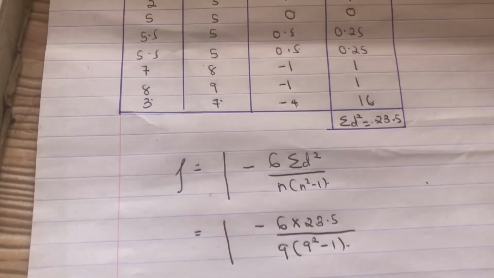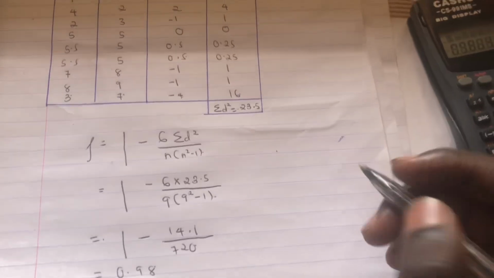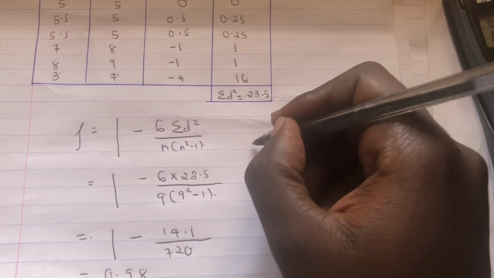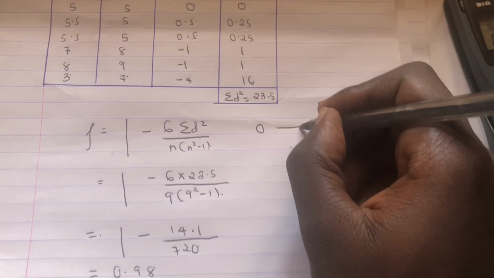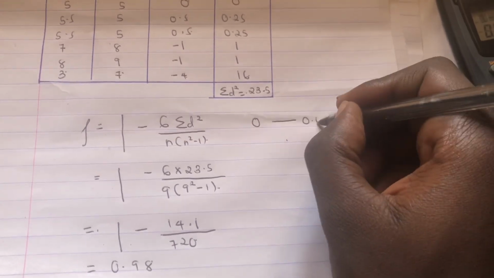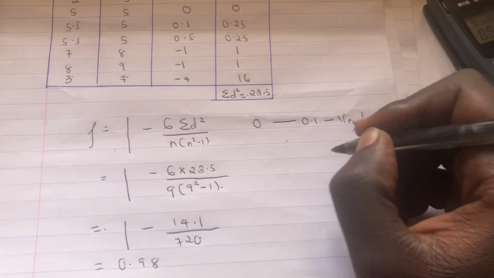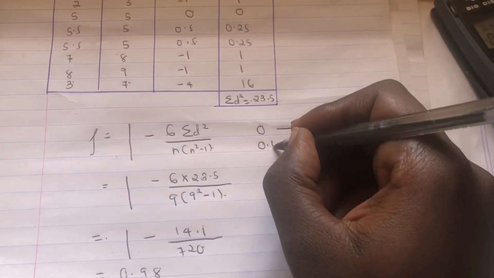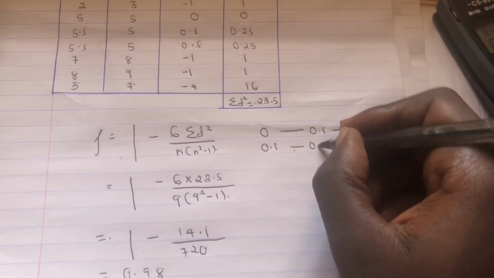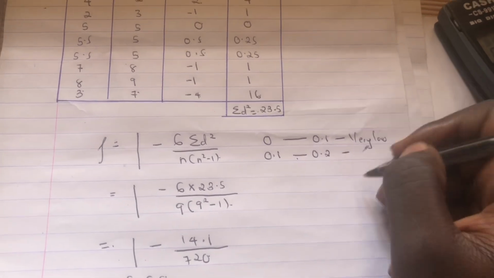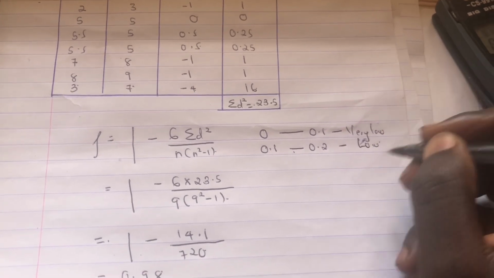The last answer will be 0.98. Are we together? So to be able to comment, if the range is from 0 to 0.1, this is a very low correlation. From 0.1 to 0.2, this is actually low correlation.